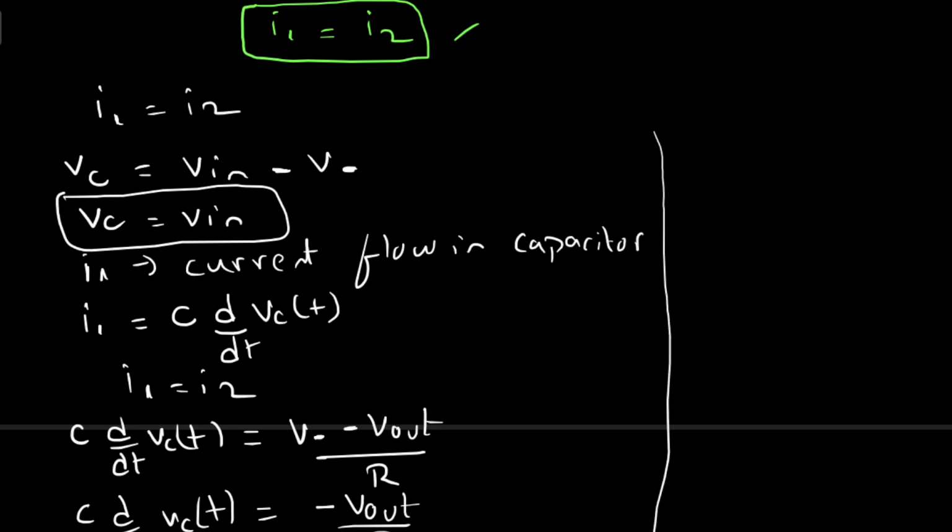Okay. So according to the nodal analysis, at node V minus, what is the node equation?